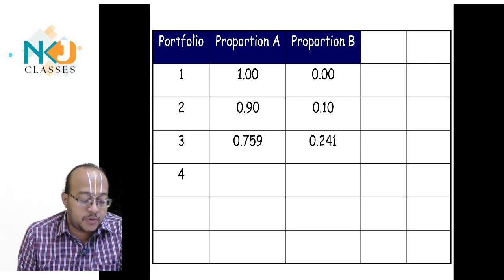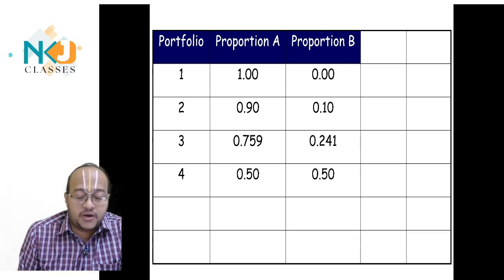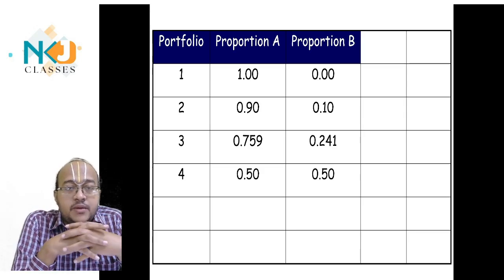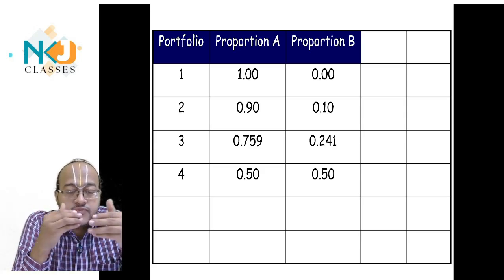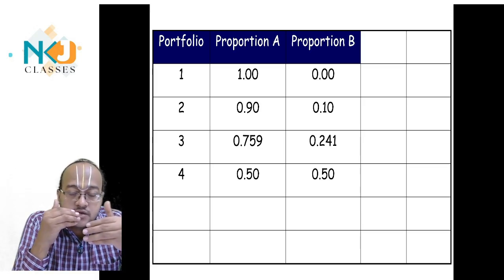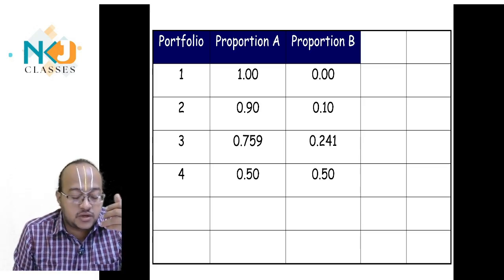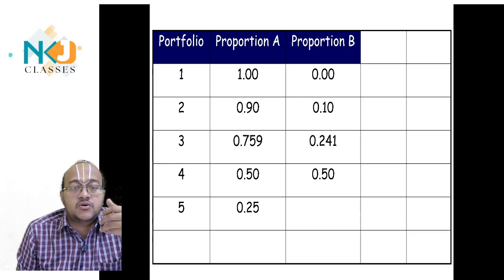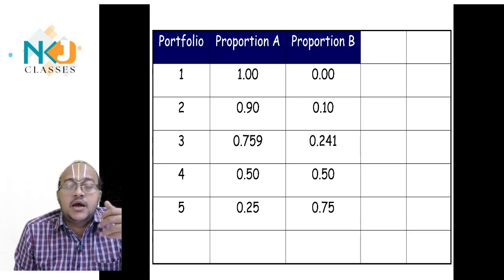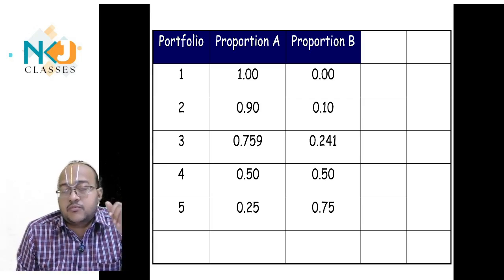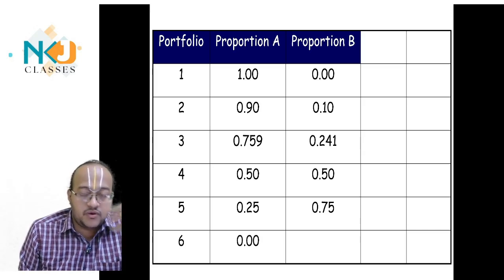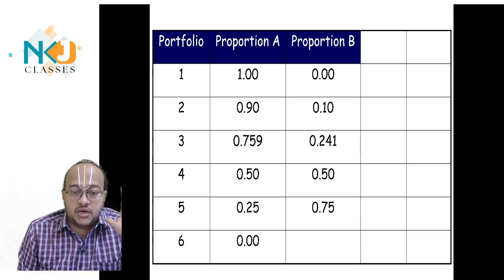Next, proportion 0.5 and 0.5, which means we construct a portfolio by investing 50% of the money in security A and the rest in security B. Then we construct a fifth portfolio with 25% of our money in security A and 75% in security B. For the sixth option, we put nothing into security A and the entire money into security B.